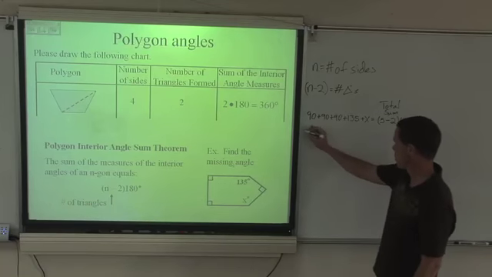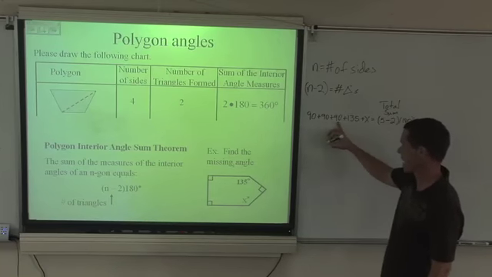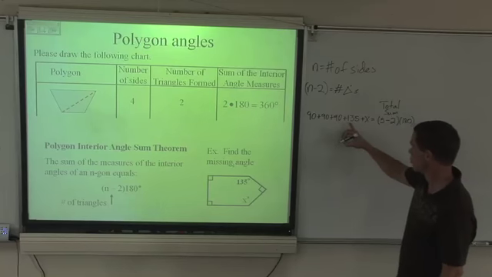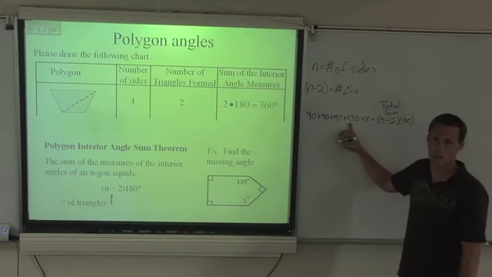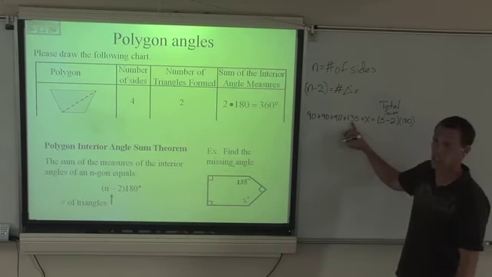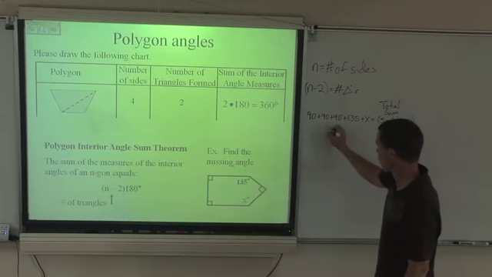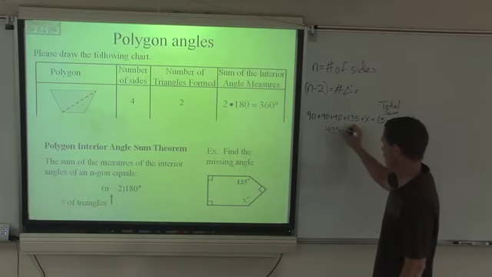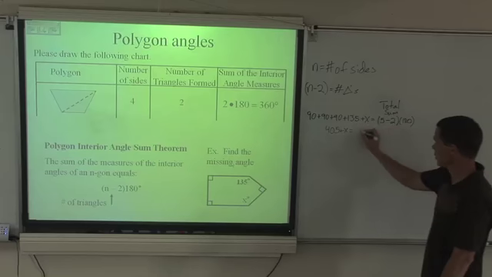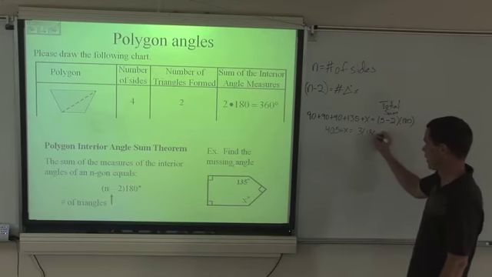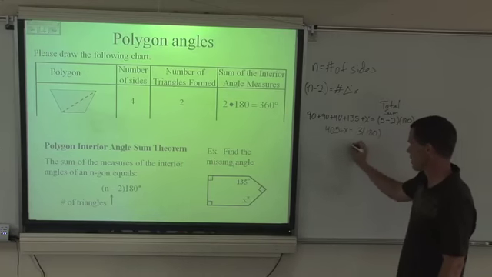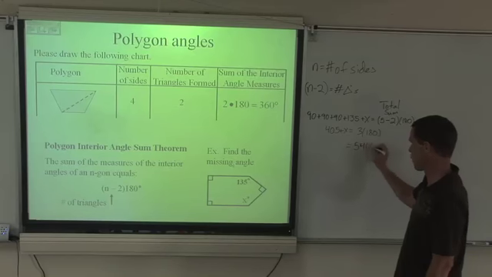So I can now put all this together. 90, 90, and 90 is 270. 270 plus 135 is going to be 405. 405 plus x is equal to 3 times 180. Well, 3 times 180 equals 540.